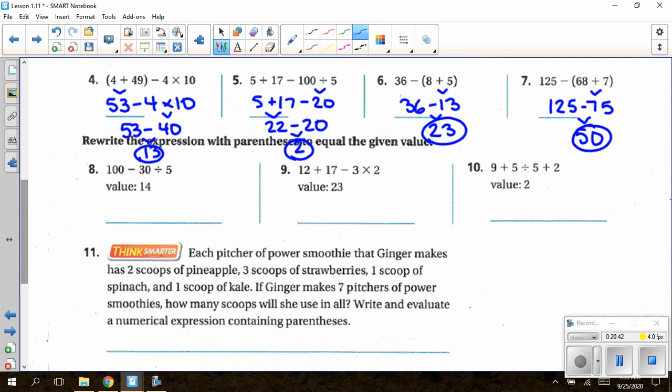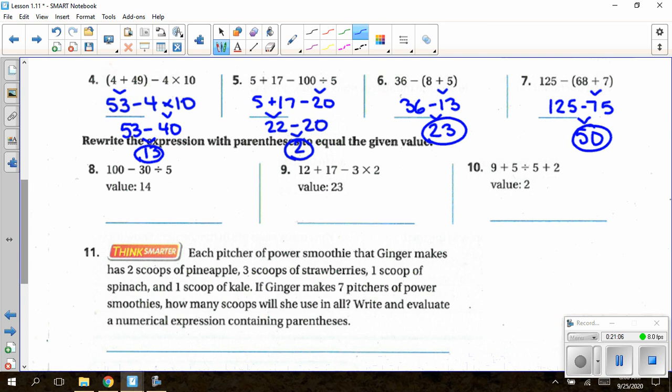Now for 8, 9, and 10, these are expressions that they want us to add the parentheses to, to get the value that they have given. So knowing that I do need to make sure I get the value of 14, I know that I cannot do 30 divided by 5 first for number 8 and get that value of 14.